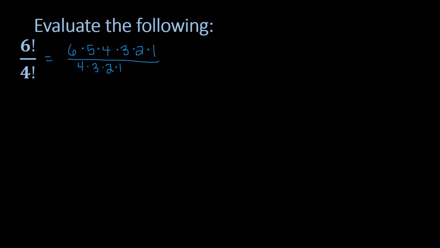Now, I know that this looks like, okay, I'm going to multiply everything on the top, everything on the bottom, then divide. Make your life a little easier. If it repeats in the top and the bottom, since we're working with products, we can cancel out repeats. So 4 cancels, 3 cancels, 2 cancels, and 1 cancels. So we're really only doing 6 times 5, which equals 30.